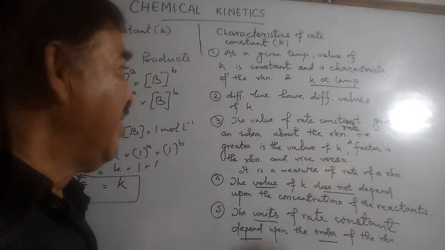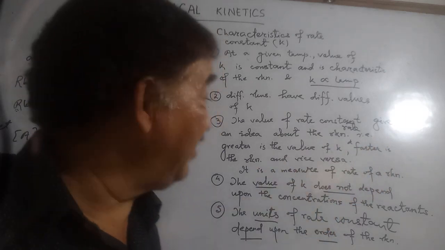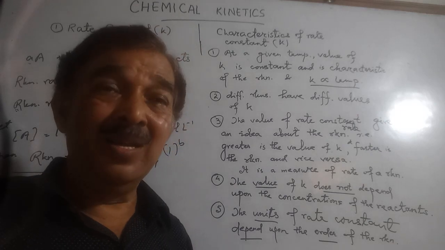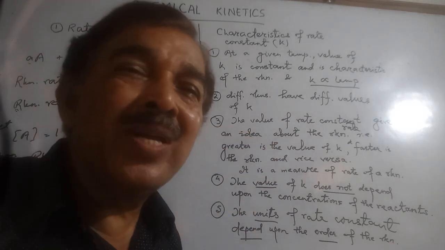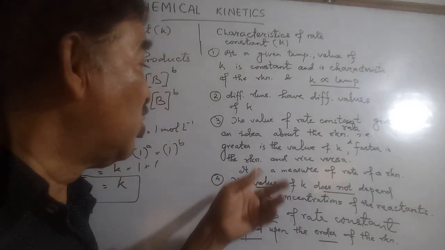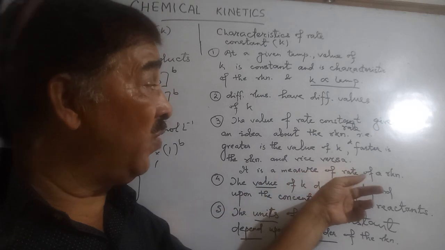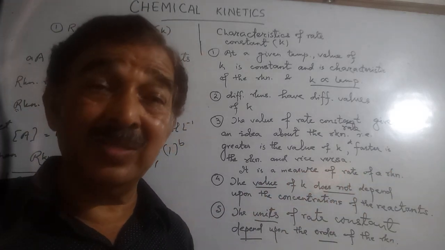That is, greater is the value of K, faster is the reaction, and vice versa. It means that lesser is the value of K, slower is the reaction. So we can say that K is a measure of the rate of a reaction.